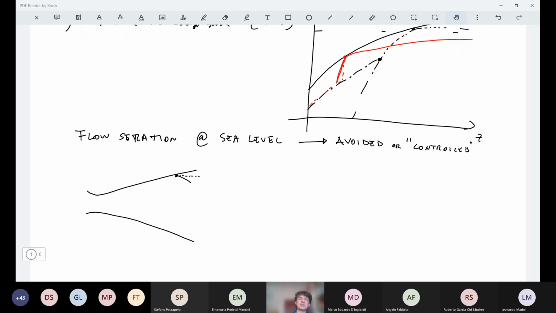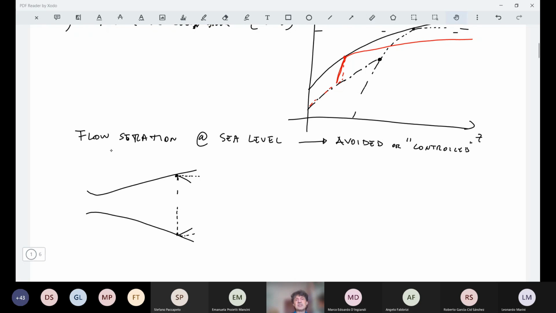This is, of course, something that will occur all around the nozzle cross-section. So if this is the trace of the cross-section, we'll have similarly this separation here.